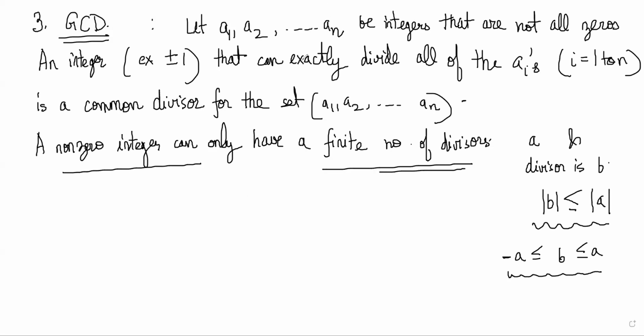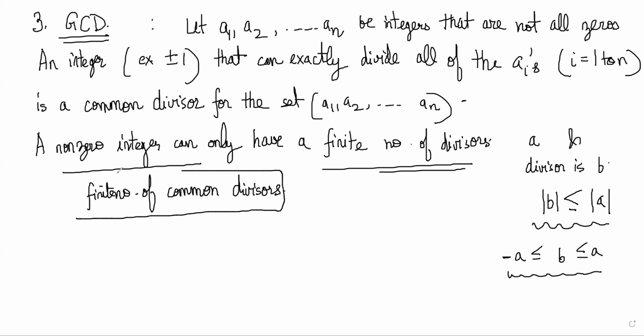So therefore, all of these integers will have a finite number of common divisors, because we are taking some divisors which are common from a finite set of divisors. So it will be a finite number of common divisors, and any finite set of integers will have a maxima or a minima.